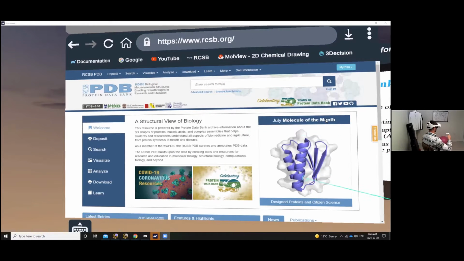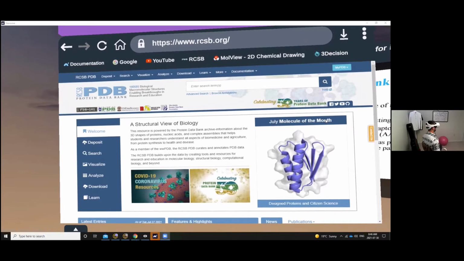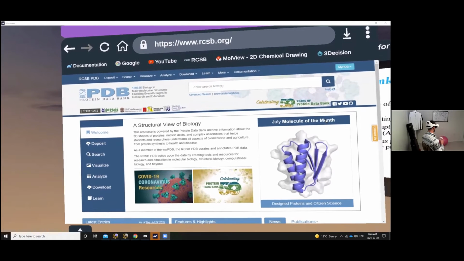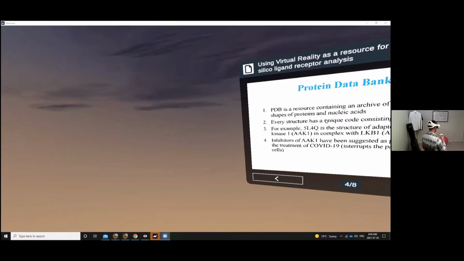This is where we get all of our resources for files, and we can directly upload them to these virtual rooms to interact with them. Here's the PDB, I forgot to share that. The PDB is this resource for protein data bank files that we can upload into virtual space and interact with, as we'll talk about in a minute or so.